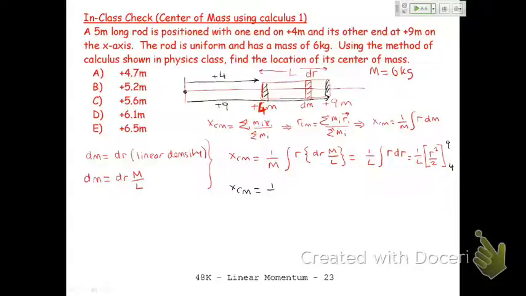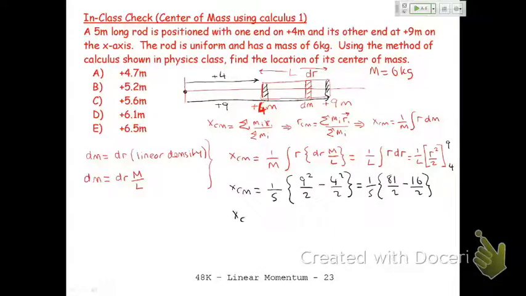I look at my diagram and say my length is going to be 9 minus 4, which is 5. And then I have 9 squared over 2 minus 4 squared over 2, so that's 1 over 5 times 81 over 2 minus 16 over 2.